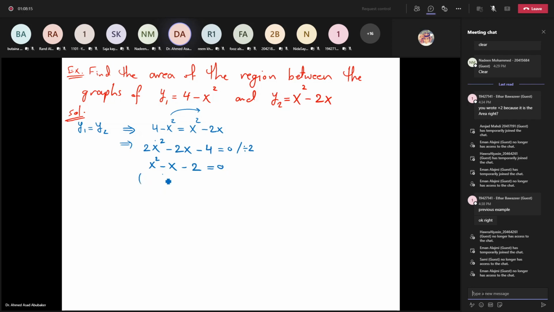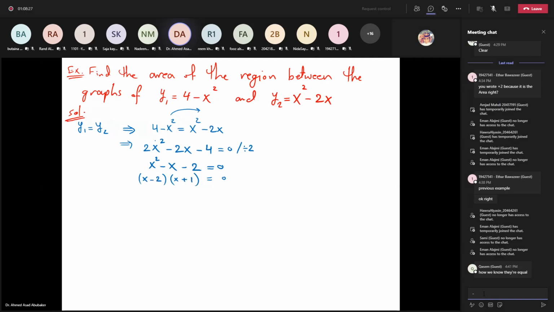Now we need two values whose product is negative 2 and whose sum is negative 1. So we have negative 2 and plus 1. So x equals 2 and x equals negative 1.